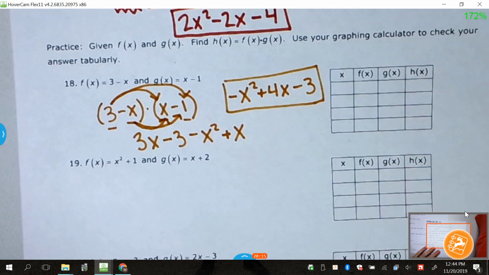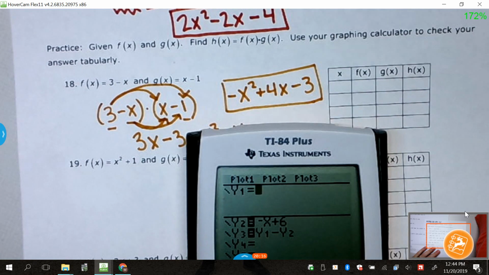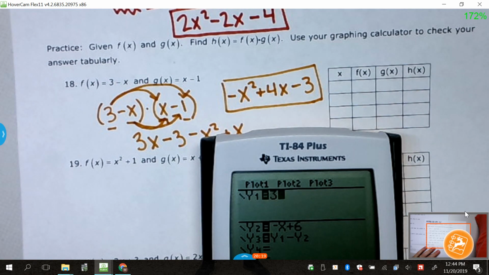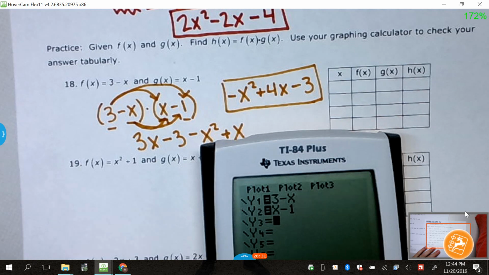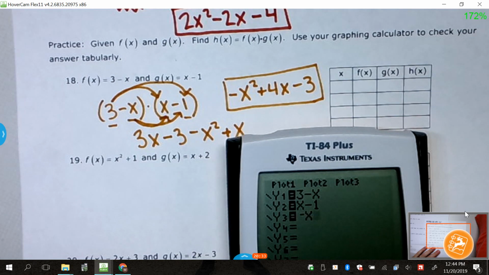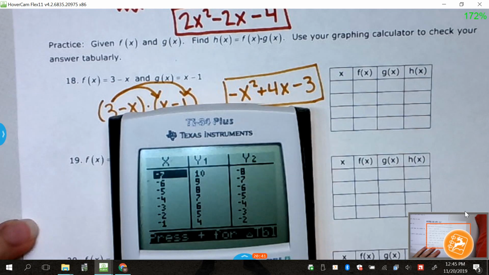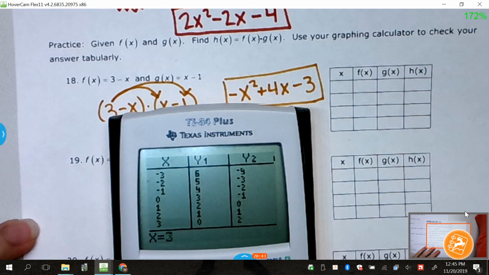So to check your work, you're just typing in your equation. So 3 minus x, 3 minus x times x minus 1, and then negative x squared plus 4x minus 3. So if I come here, I'm going to go to the smaller numbers.